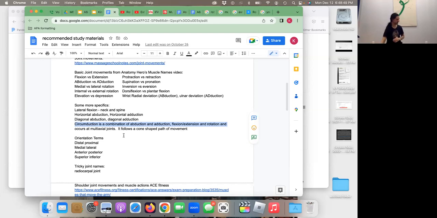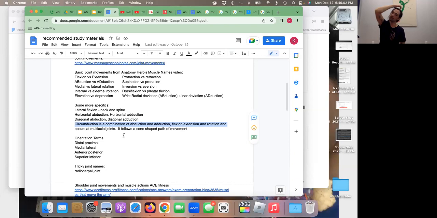Same thing with the hip. I guess I got to show you with the hip, right? Circumduction. And then with the head, we'd be drawing with the neck or the spine. We'd be drawing the big circle with the top of the head, and the tip of the cone would be down into the spine.